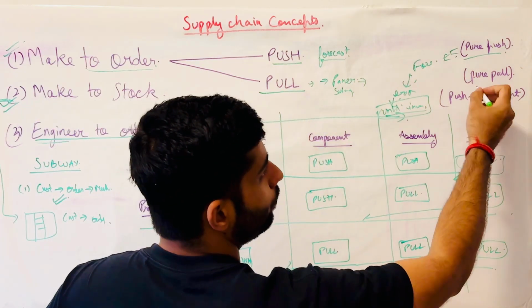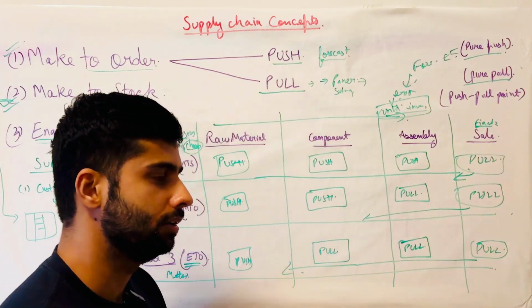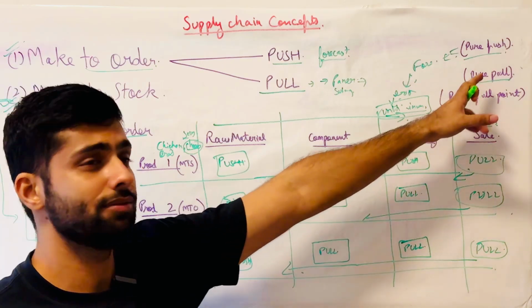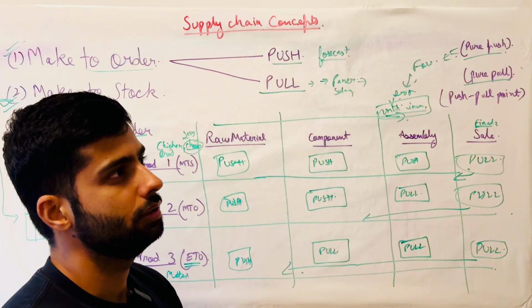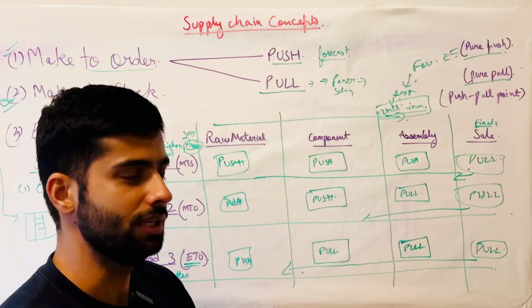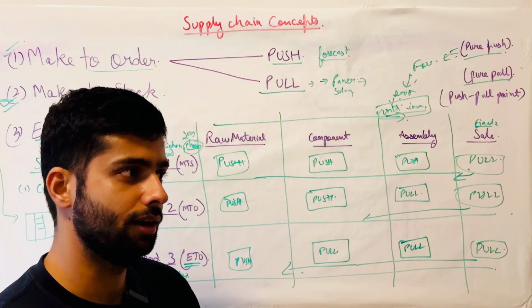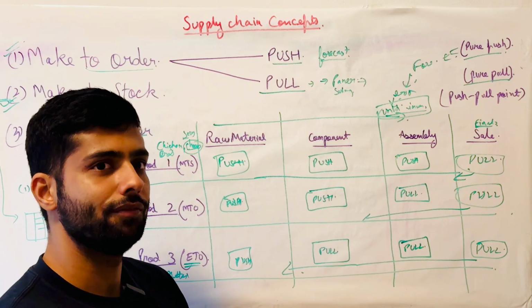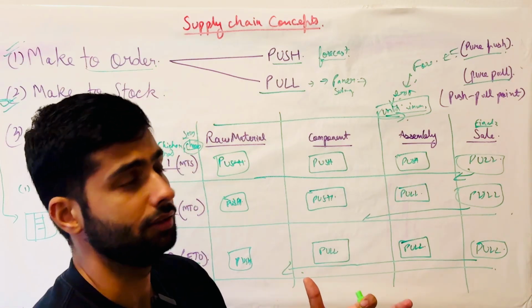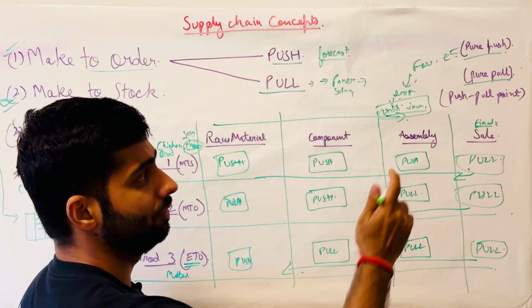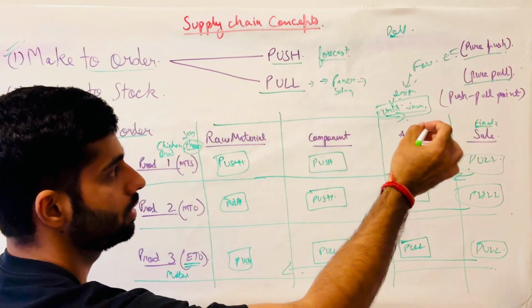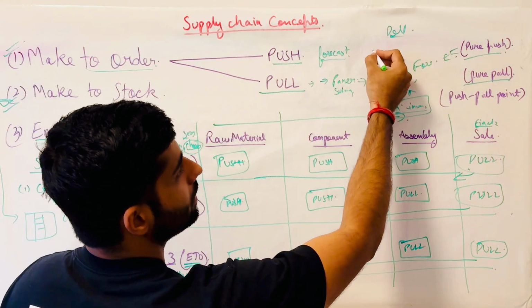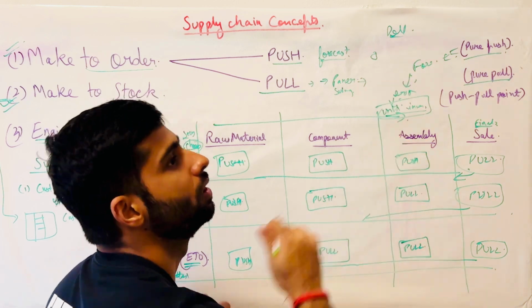Similarly, there's a pure pull concept, which means that things only start building when you have received an order. By the way, this one's very rare to see. The closest that I can think of is Dell. Even then, Dell is not purely pull, because Dell will not start making my motherboard once I place the order.